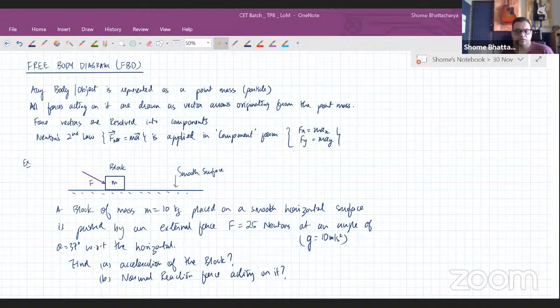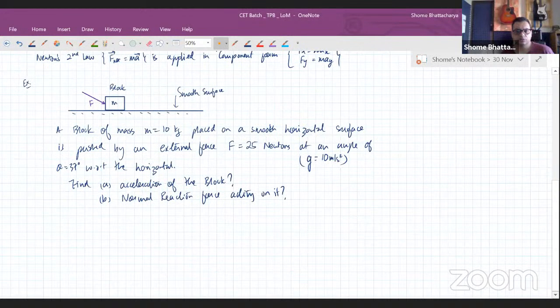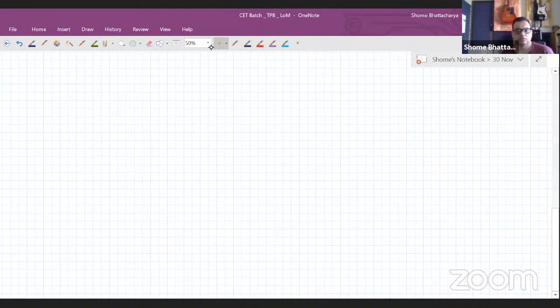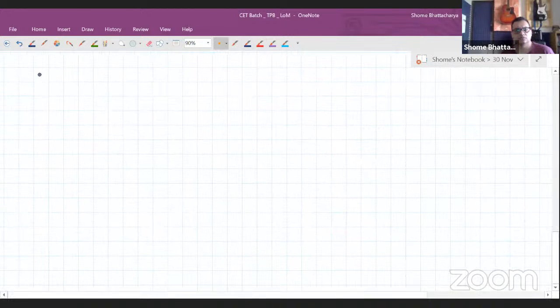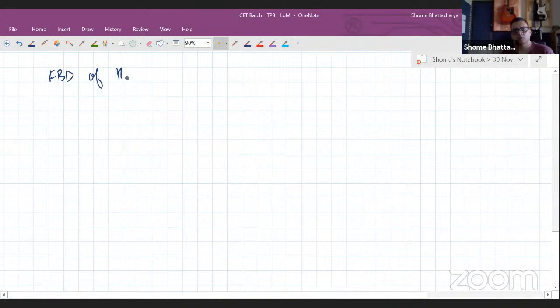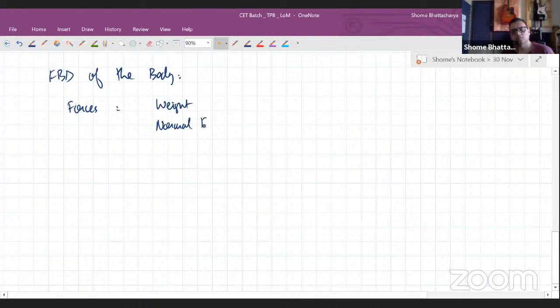Okay, so let us look at making the free body diagram of this object. So to make the free body diagram of the body, we have to consider forces, weight, okay, normal reaction, and the external force.